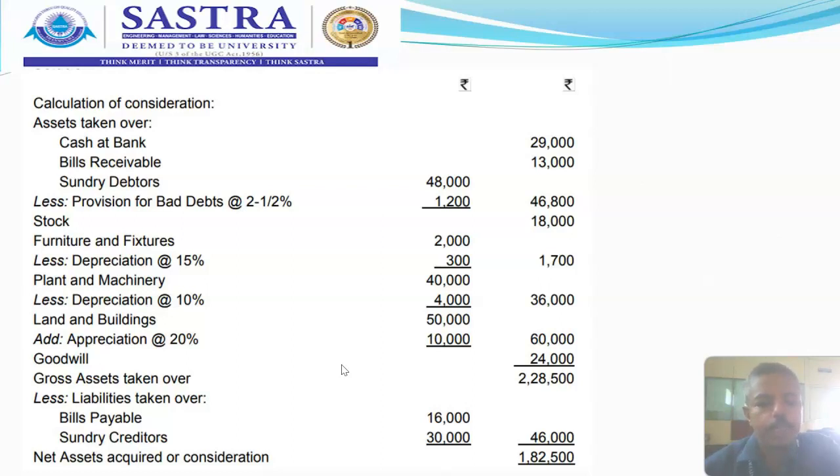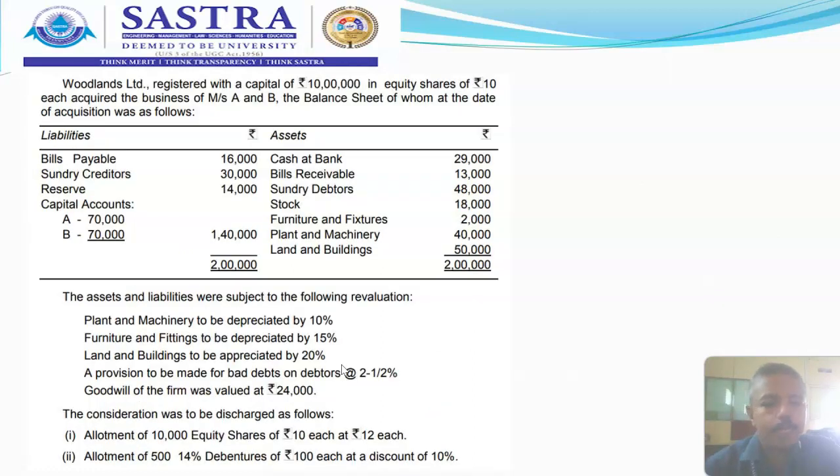So totally through the equity share capital we give 1,20,000, and through the debentures we give 45,000. So 1,20,000 and 45,000, so 1,65,000 has to be subtracted out of this 1,82,500.